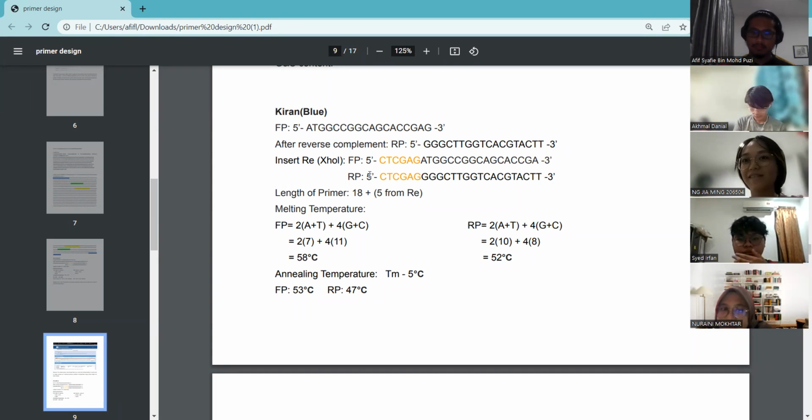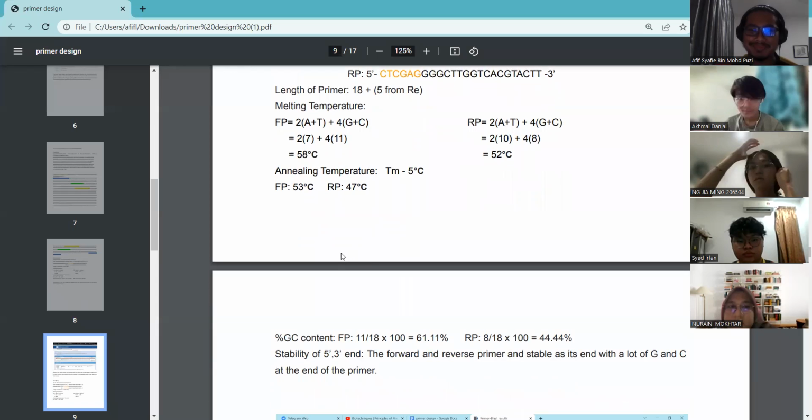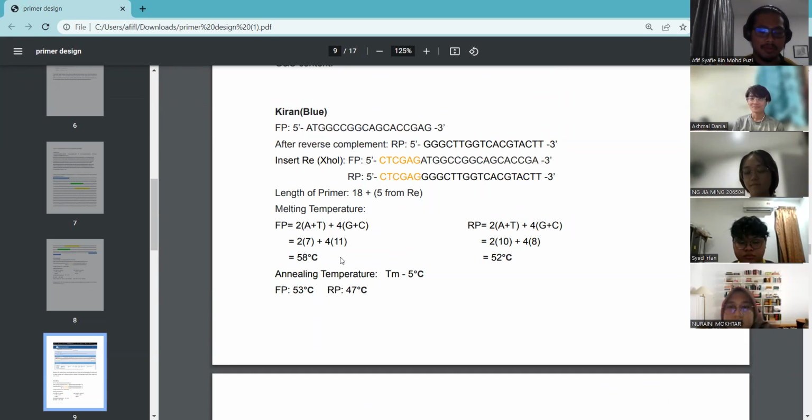For this primer, I chose 18 nucleotides and plus 5 from our lecture notes, thanks to Afif. For the forward primer, I get around 58 degrees Celsius, and for the reverse primer, I got 52 degrees Celsius for the melting temperature. So I think it is within the optimum temperature. And for the annealing temperature, just as usual, minus 5 degrees Celsius.